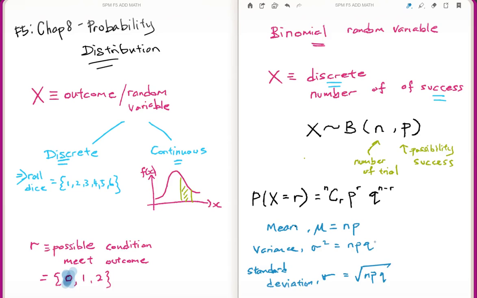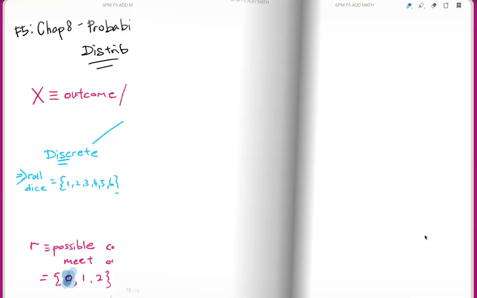Now let me show you one example. How do you use this equation? Example 1.